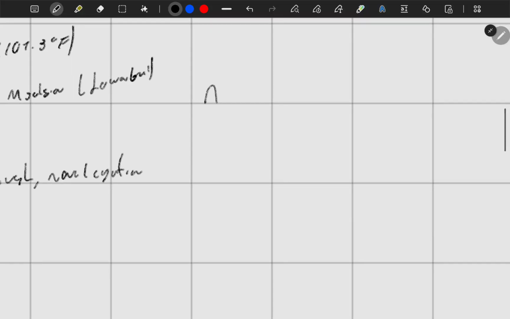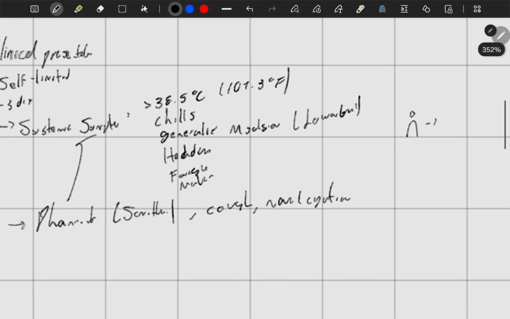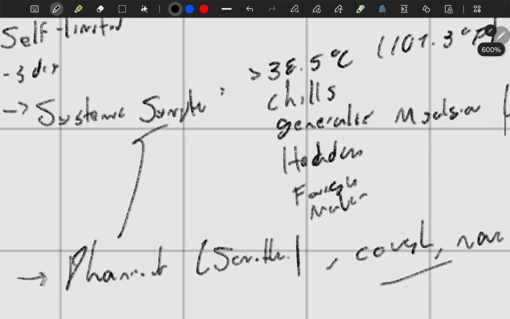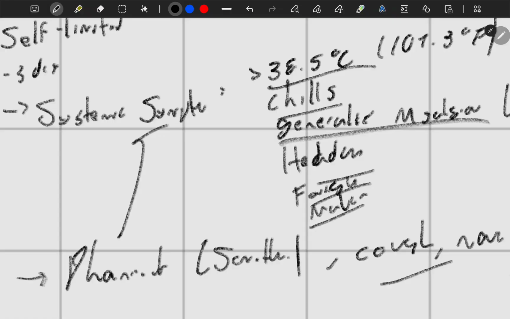So imagine the patient saying, oh doctor, the worst cold I've ever had, and I present this headache, the cough, nasal congestion. Remember that the systemic symptoms are more pronounced, so it starts with the fever, chills, generalized myalgia, headache, severe fatigue, and malaise.